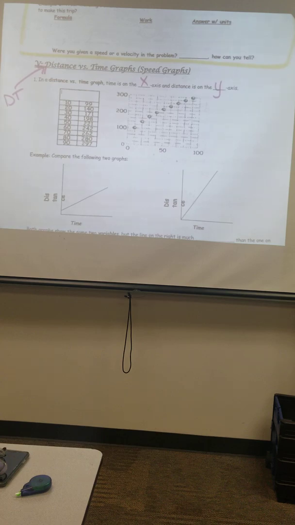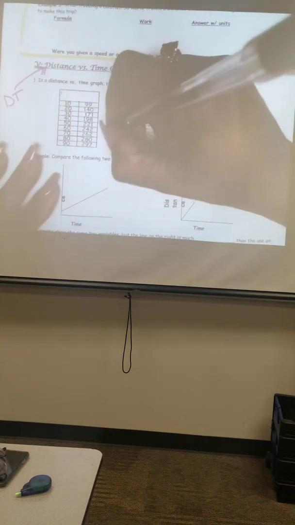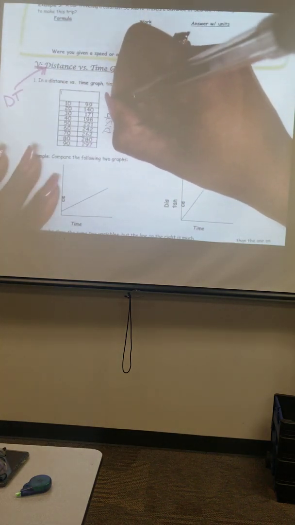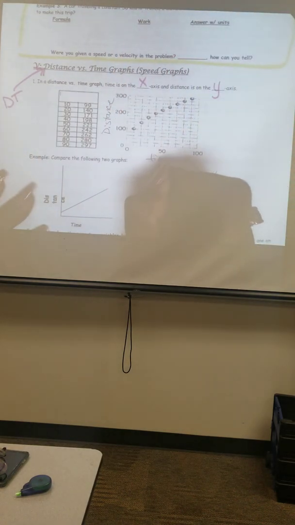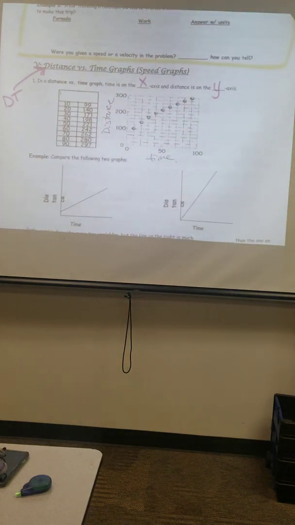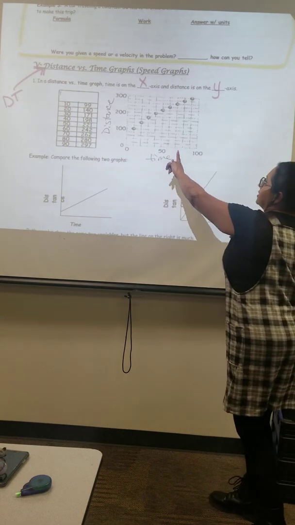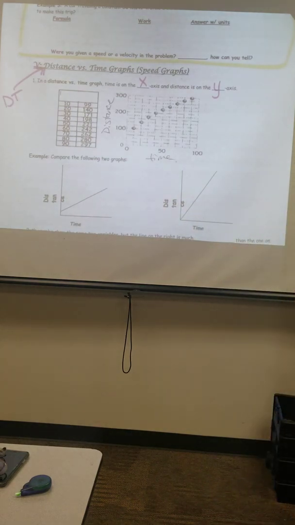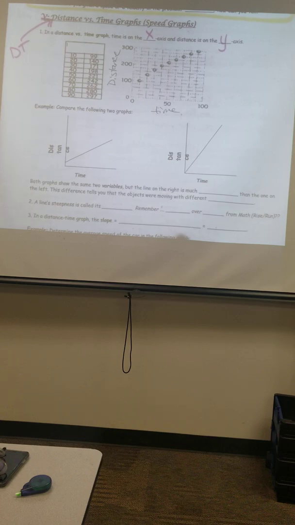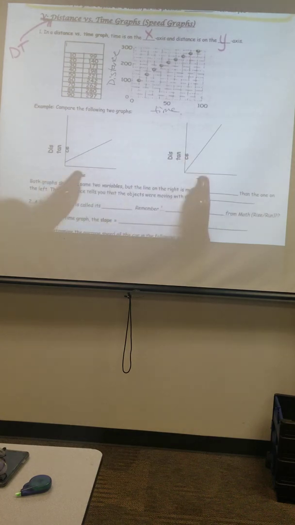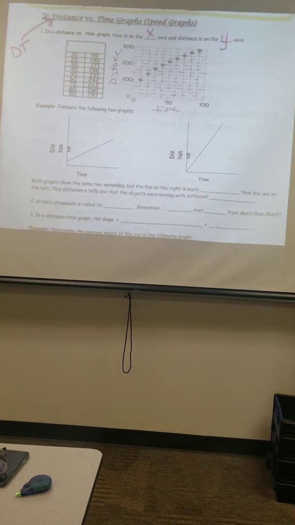So look at it this way. It's a DT graph, distance and time. When you talk about graphs, you always talk about them as y versus x, if that makes sense. Distance versus time. When looking at DT graphs, you can have different types of slopes.